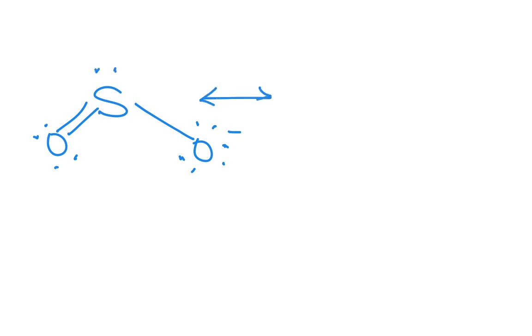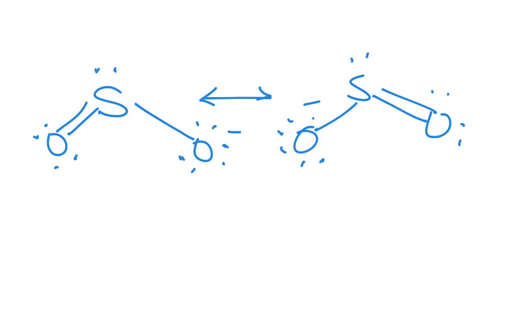Then the resonance hybrid: just change the side of the oxygen, here you will get the negative charge. That's all, it's very easy. Then the structure is angular. So it acts as a reducing agent. Now you will see the reactions of SO2.